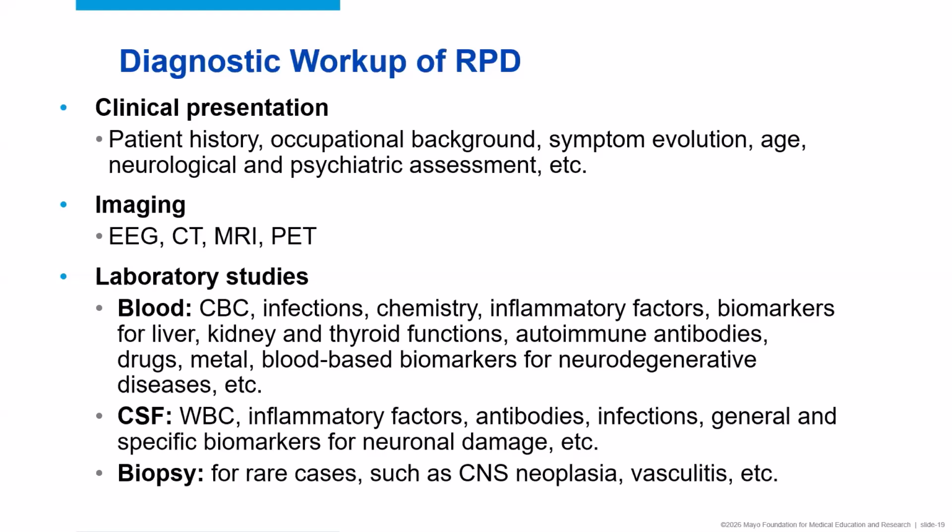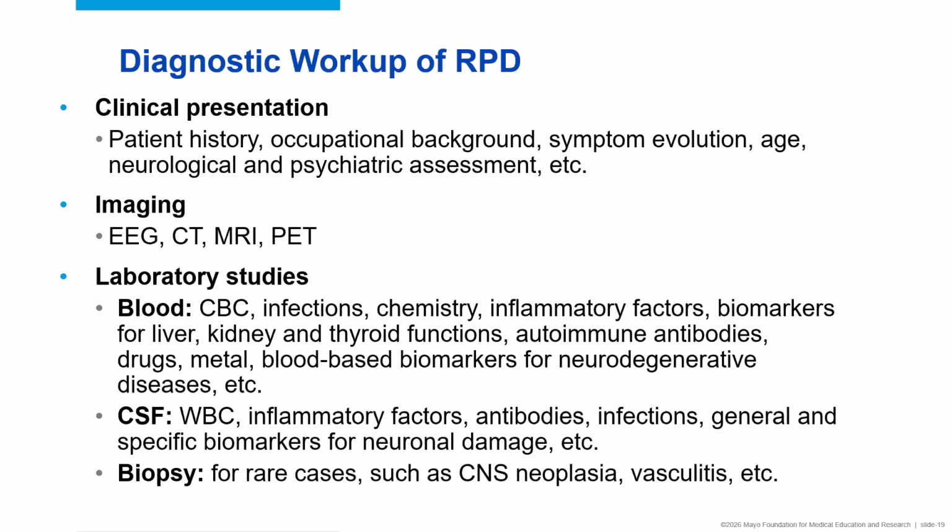In the diagnostic workup of any patient with a rapidly progressive dementia, there are three critical parts. The clinical presentation is critical: understanding the evolution of symptoms, the timeline for symptom onset, and the extent of deterioration over time. Along with that is imaging, and MRI is probably the most important at this point. There are specific MRI features that are highly sensitive and specific for prion disease.